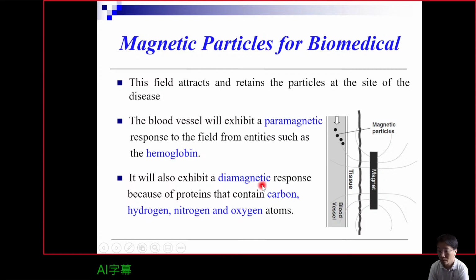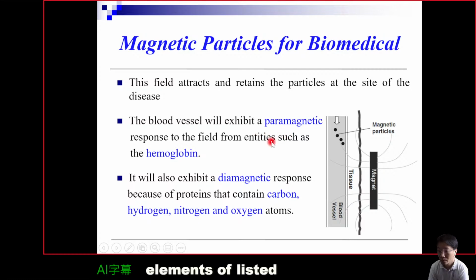For example, most proteins contain carbon, hydrogen, nitrogen, and oxygen atoms. These kinds of elements are all diamagnetic. Actually, I just mentioned in the previous class that all kinds of atoms have a diamagnetic response, but that is relatively smaller than the paramagnetic one.